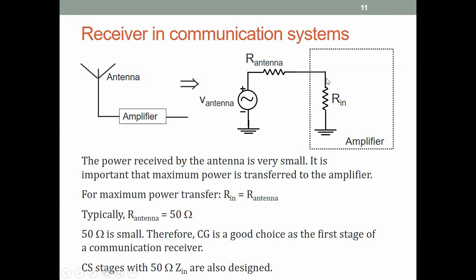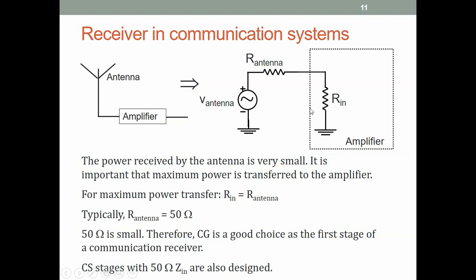So this becomes our equivalent circuit of the first 2 blocks of the receiver. Now, of course, the signal that the antenna picks up from the air is a very low power signal, nanowatts, picowatts, etc. And therefore, we want to make sure that whatever power is picked up, the maximum possible of that power is transferred to the amplifier.